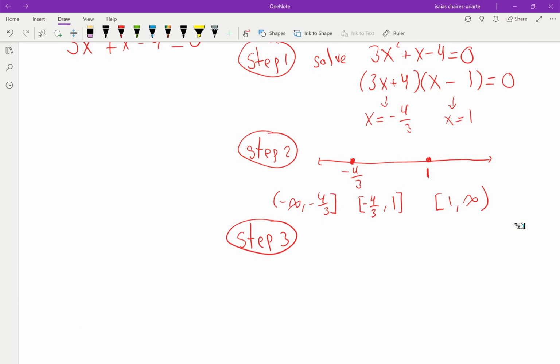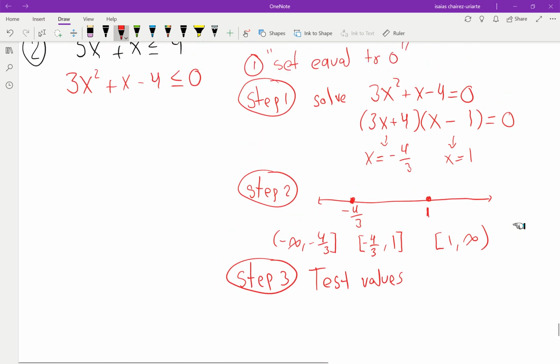Okay, so step 3, we said let's test values. And by the way, we had this polynomial inequality up here. I can write it in factor form, which is going to help me when it comes to testing. So I'm just going to factor it: 3x plus 4 times x minus 1 less than or equal to 0.